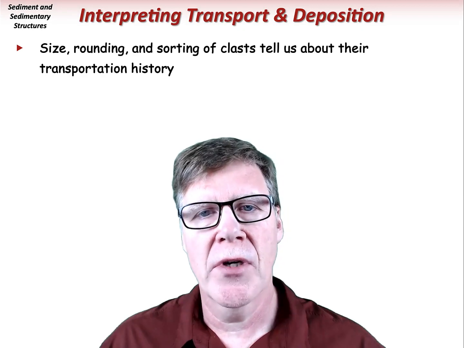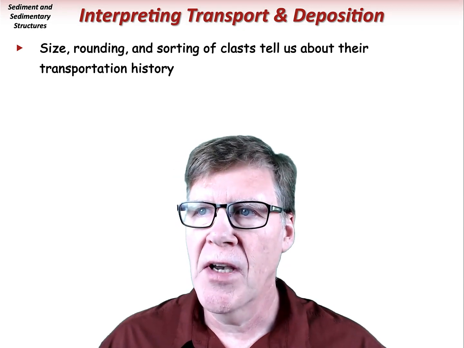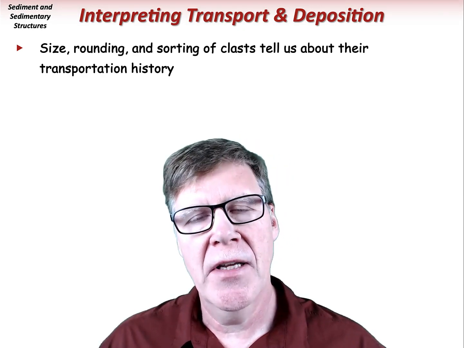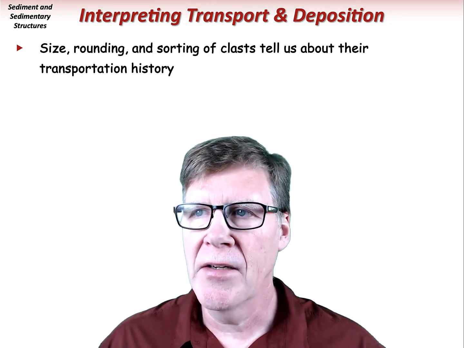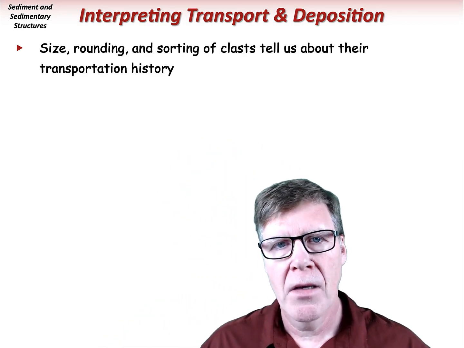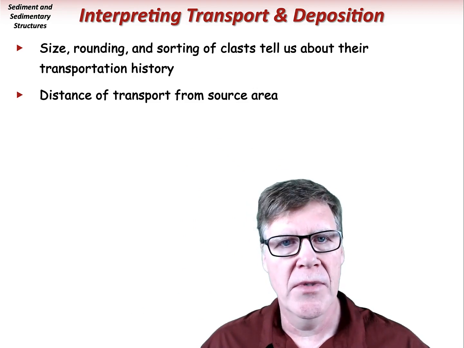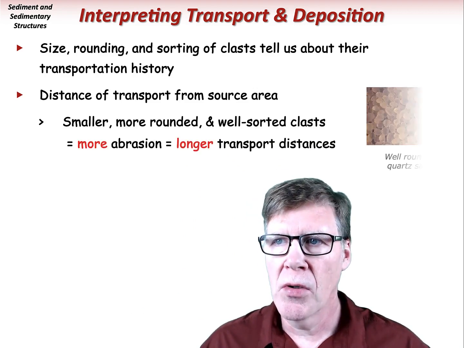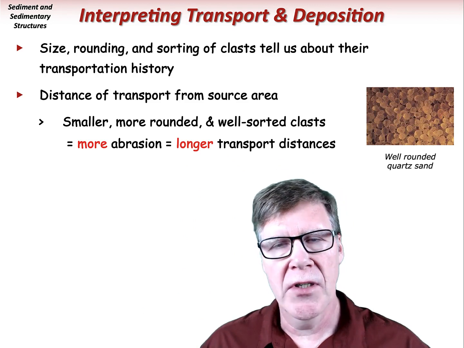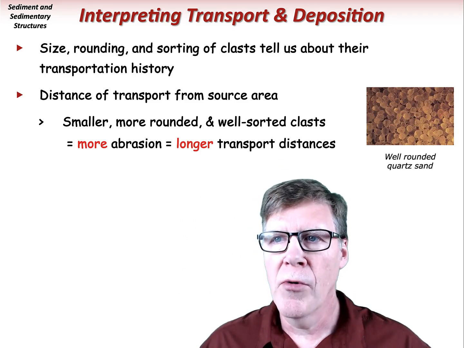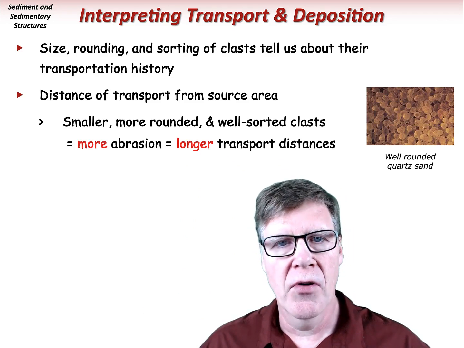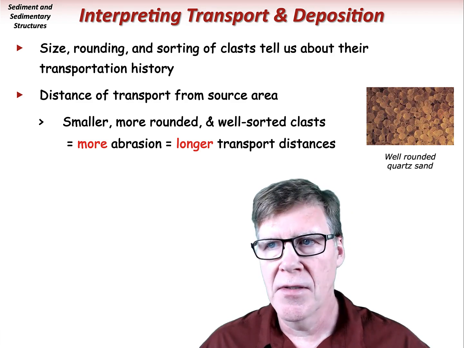Size, rounding, and sorting of clasts can be used to tell us about their transportation and depositional history and environments. First, we can interpret the distance sediment has been transported from its source area. Smaller, more well-rounded and well-sorted clasts represent more abrasion and attrition that occur over longer transportation distances.